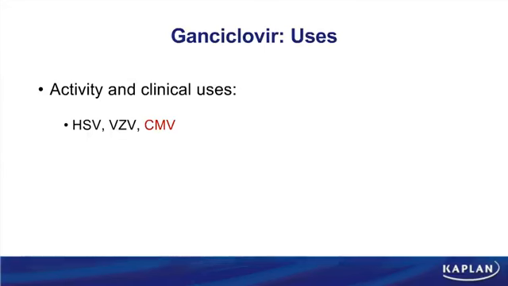The first key difference between ganciclovir and acyclovir is not only can we use both drugs for herpes simplex and varicella zoster, but ganciclovir is used for CMV, cytomegalovirus, which often manifests as retinitis. We see CMV show up as patients' CD4 count declines.